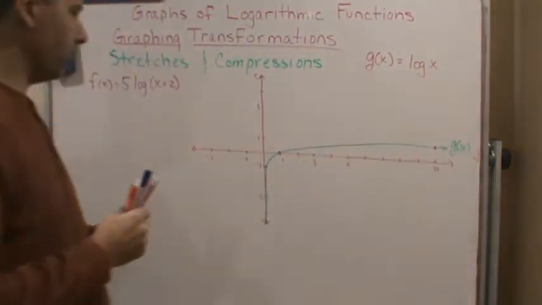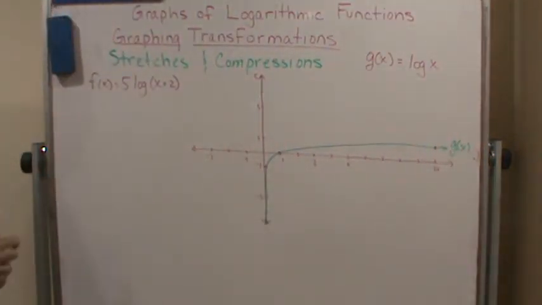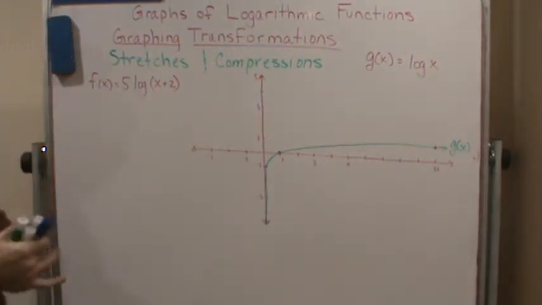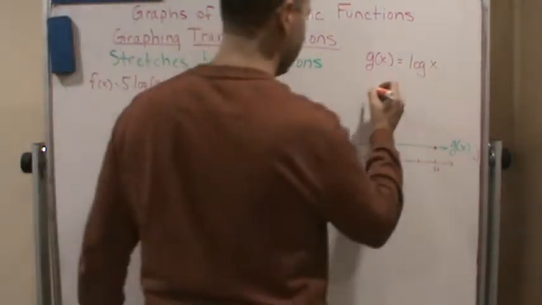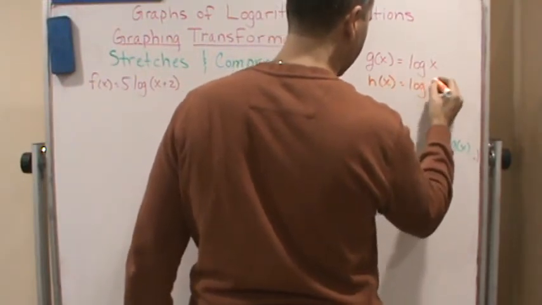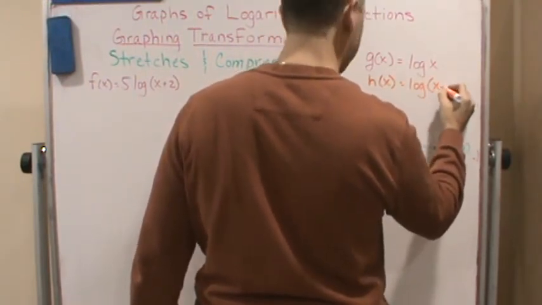Okay, now let's do the first transformation. So let's do the shift, the horizontal shift, and let's call that h of x. So h of x is equal to log of x plus 2.